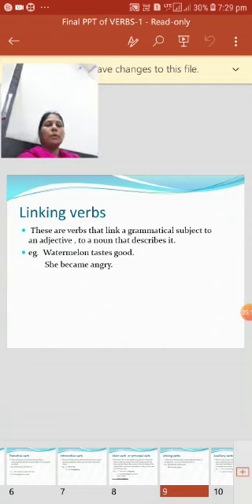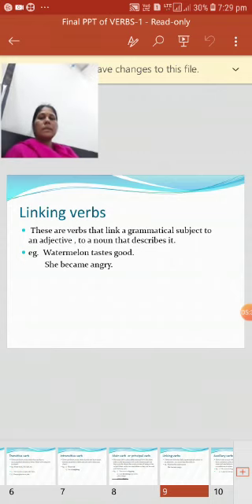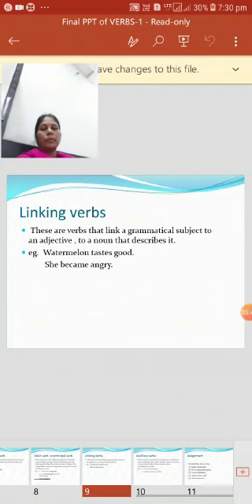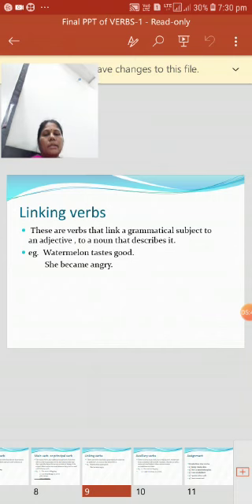Good is an adjective. Which word is linking these both words? Tastes. So tastes is a linking verb. Now second example we will see, she became angry. Now in this example, became is a linking verb. Why? She is a noun and angry is an adjective. We will go to the next slide.